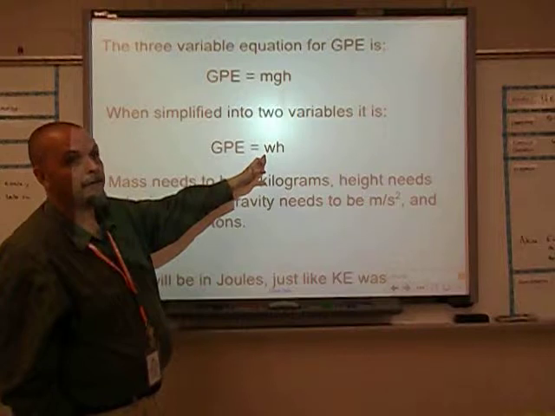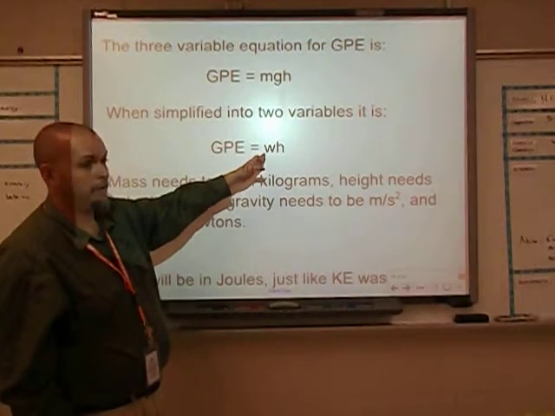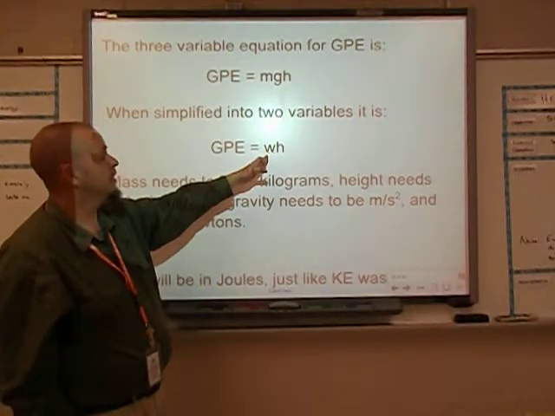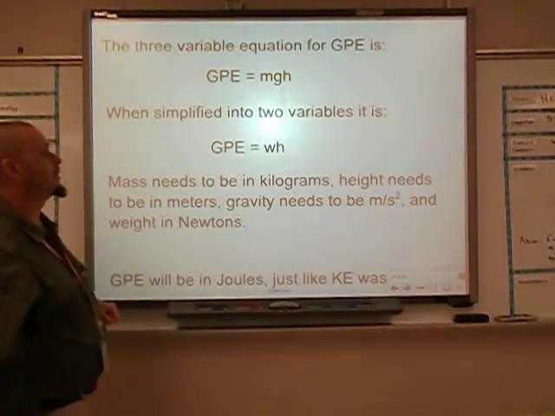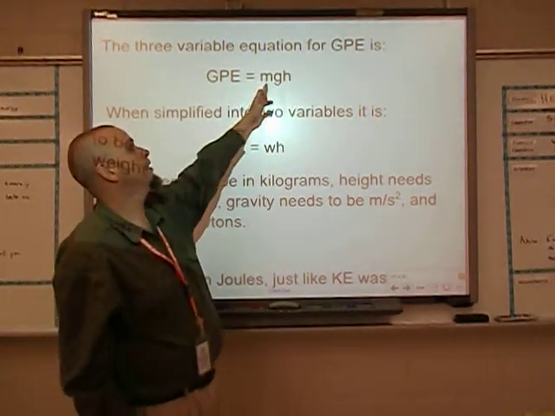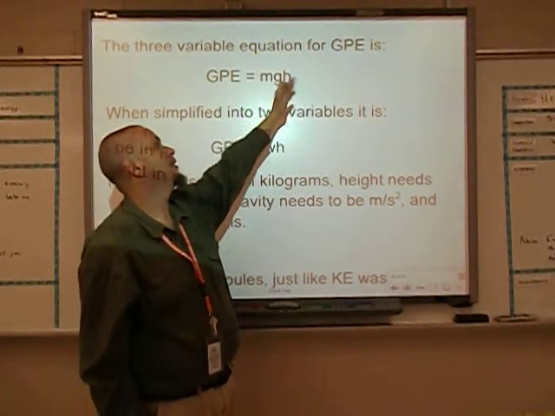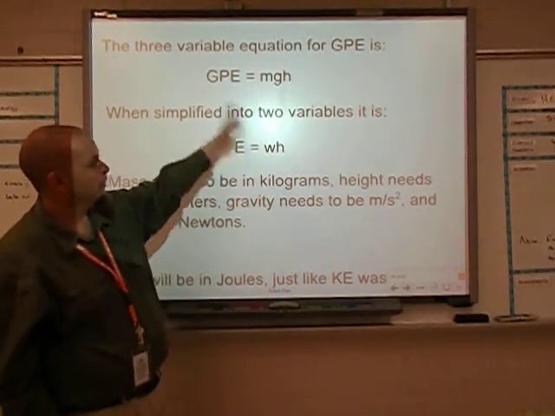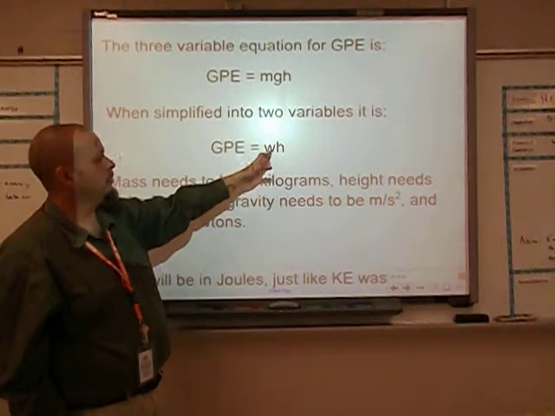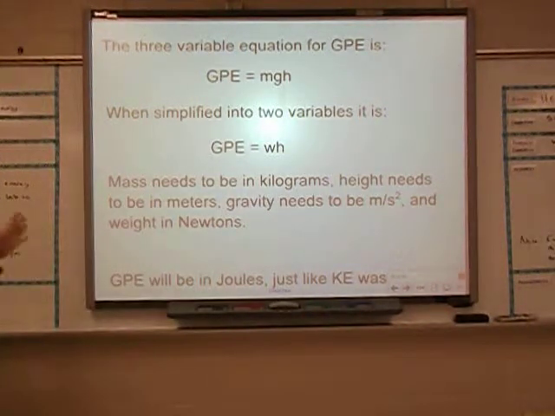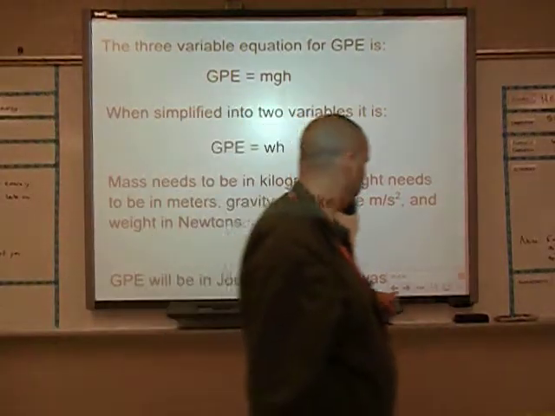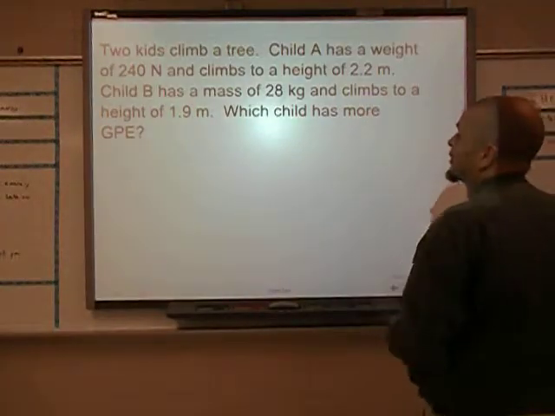Newton, if you remember back to Newton's second law, is the unit we use for forces and weights, and height has to be in meters. So kilograms, meters per second squared, meters if you're using the first equation; newtons and meters if you're using the second equation. And when you do that, you'll end up with joules for your gravitational potential energies.